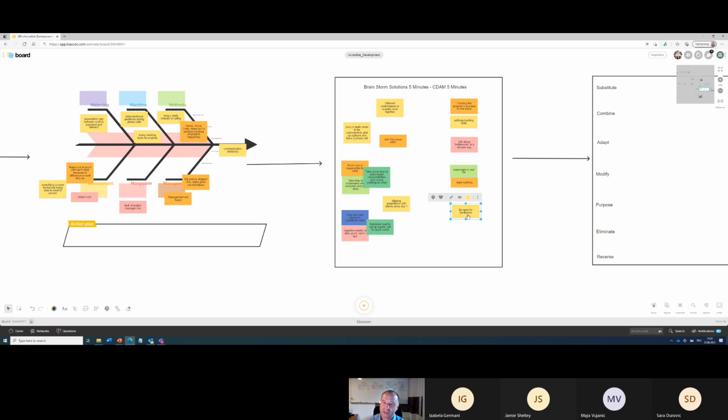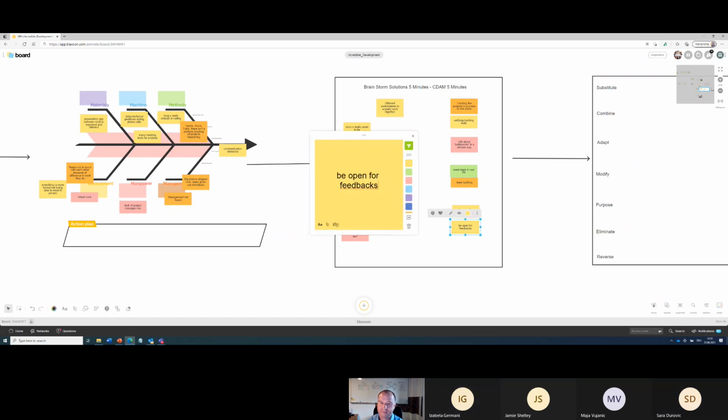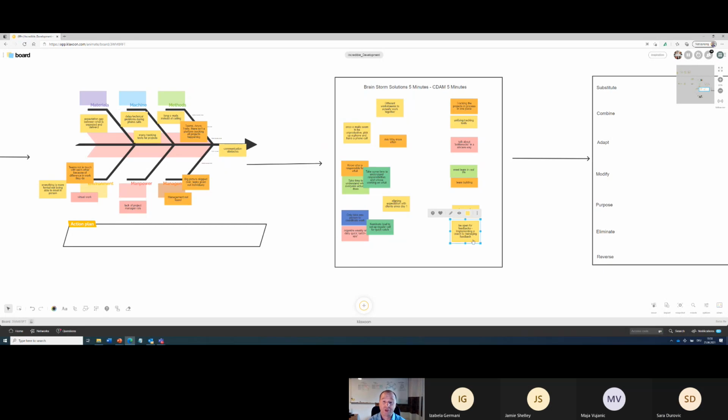How could you modify this one into a tangible solution? The feedback one? Yeah, be open for feedback. How might you turn that into a real tangible solution? That depends on each person. I mean, maybe implementing a culture in the company of actually being more open and accepting feedback from colleagues. Excellent. So that then turns it into a real action or solution that you can take, right?